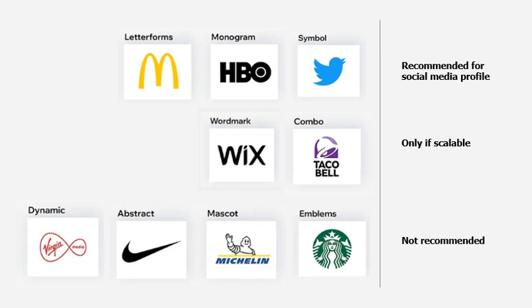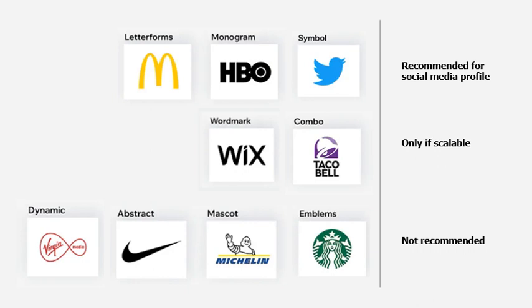A combination mark is also recommended. That means involving both text and images, but only if it will still look readable and good, even when just looking at the profile picture.